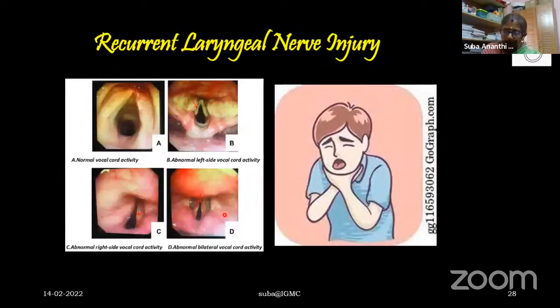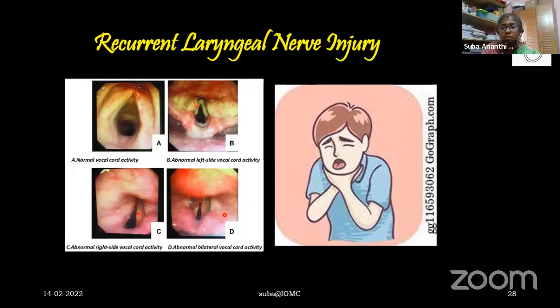If at all the recurrent laryngeal nerve is injured during thyroidectomy, in unilateral injury, the vocal cord on the paralyzed side can lie in a paramedian position. The patient can present with hoarseness of voice. Voice doesn't change much in a unilateral injury. But if it is bilateral, definitely the patient presents with hoarseness of voice.